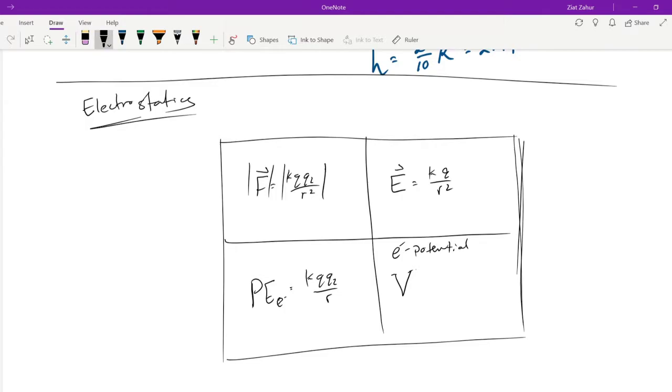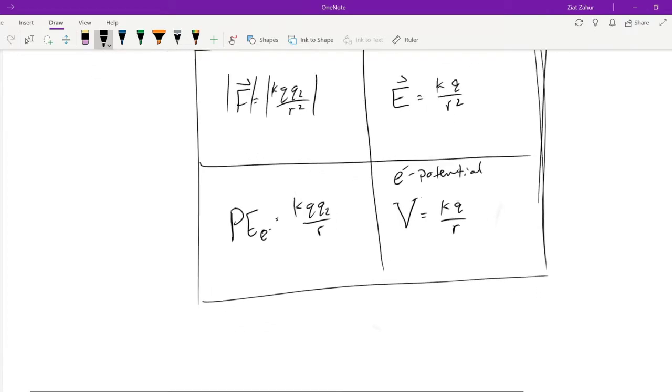The difference of potentials is voltage. This is P, and this is self-explanatory: k single q over single r. Of course, both of these can be positive or negative.